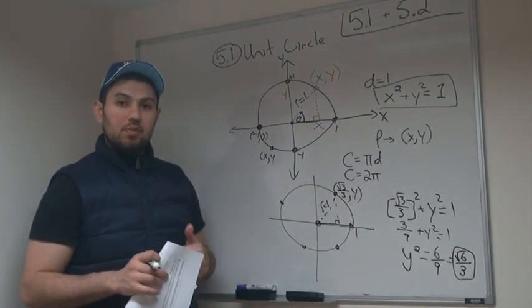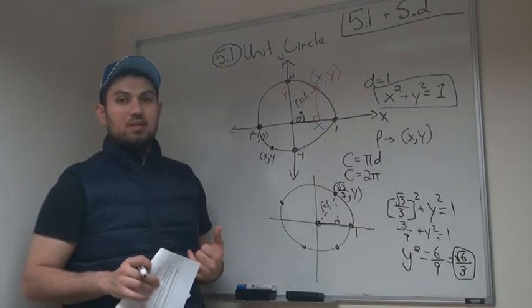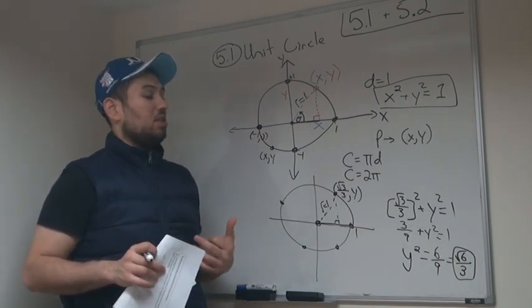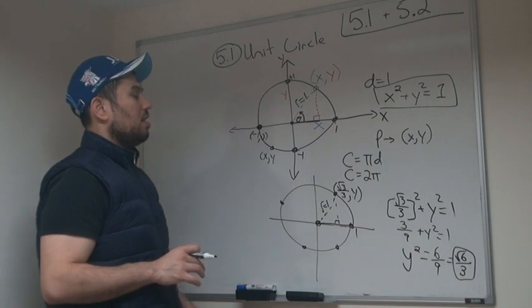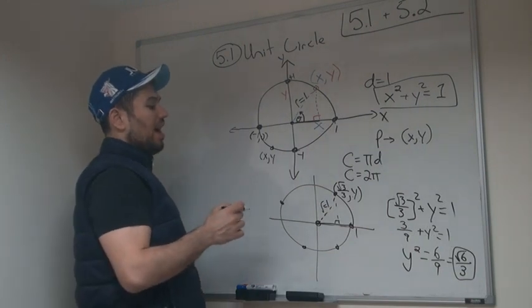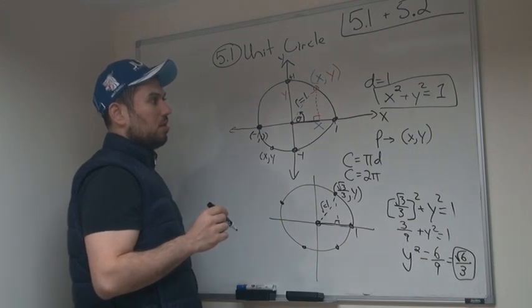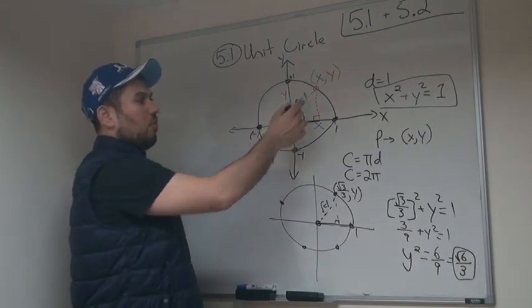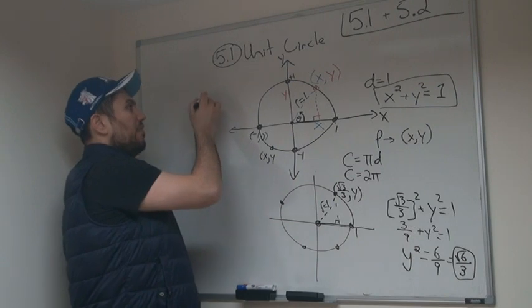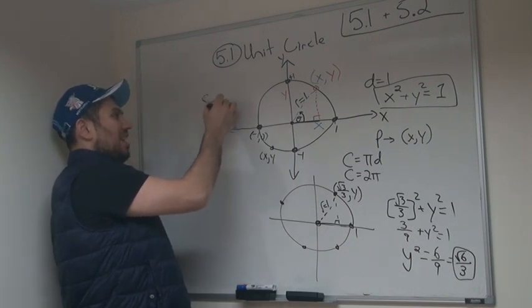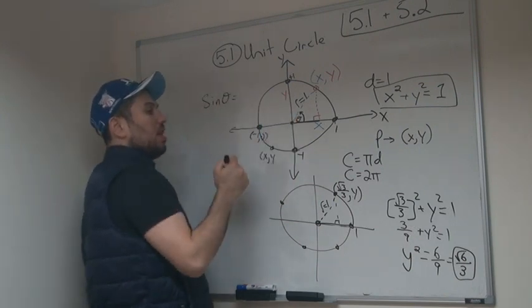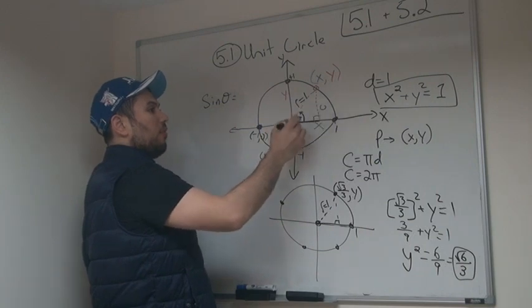But how does that fit in with trig? Well, last class, or I want to say at section 6.3, we discussed, okay, if I have a point that lies on my unit circle, I can form a right triangle, and if I needed the sine of that angle that's formed, that would be the opposite side over the hypotenuse.